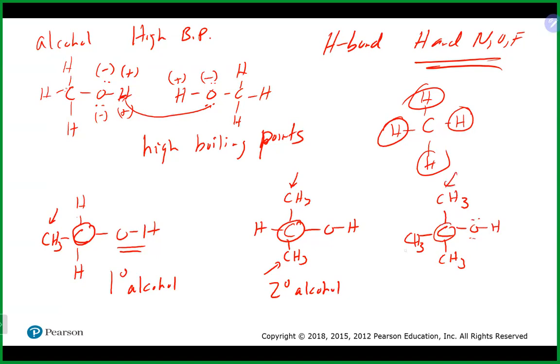It is attached to 1, 2, and 3 carbons. This is a tertiary alcohol. So you kind of count alcohols, primary, secondary, and tertiary, like we do carbons. The key here is you're looking for the carbon that has the OH group directly attached to it, and then how many carbons are directly attached to that carbon. So again, 1 carbon would be a primary alcohol, 2 carbons directly attached to a carbon that has the OH group is a secondary alcohol, and 3 carbons attached to the one that has the OH group would be a tertiary alcohol. Question on that there.